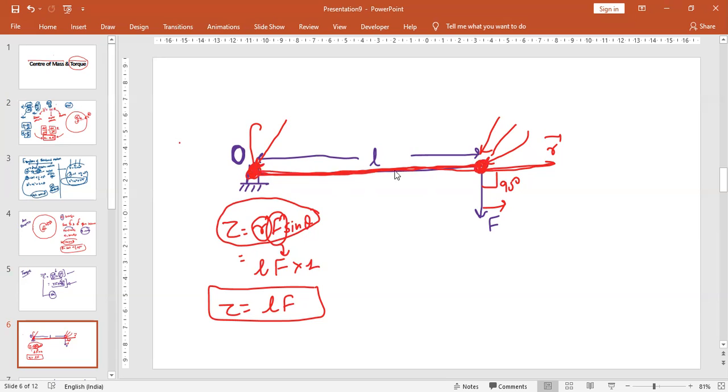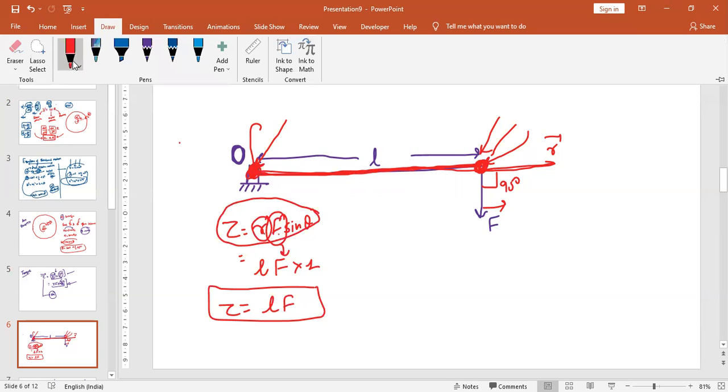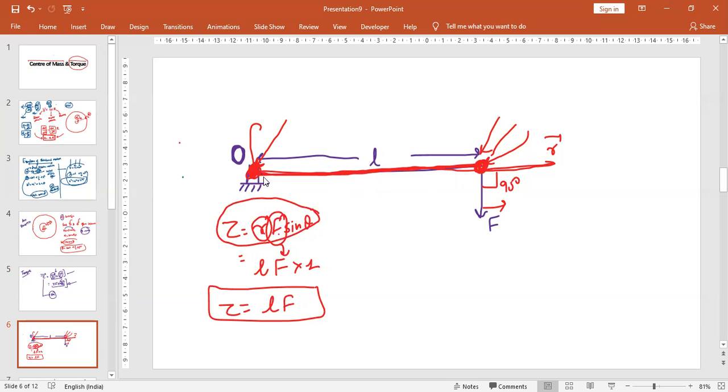So you have to join both these points, and this distance will be L. So R is basically L, F is basically force. And how to calculate theta? You just have to extend the line joining both these points, and calculate the angle between this line and the force F. So this angle is 90 degree. So sine 90 is 1. So this is how the torque becomes L into F.